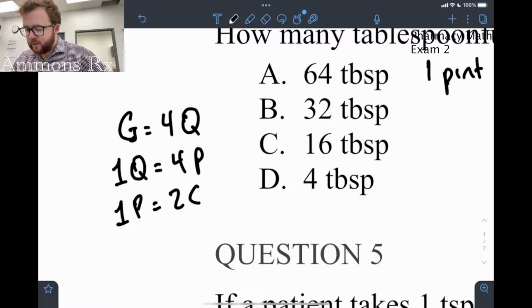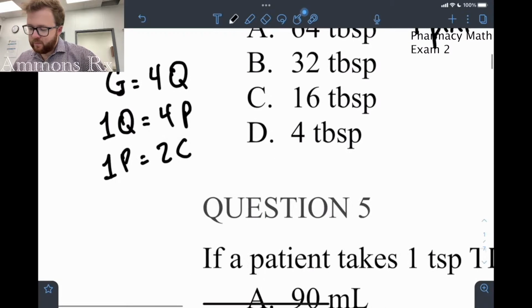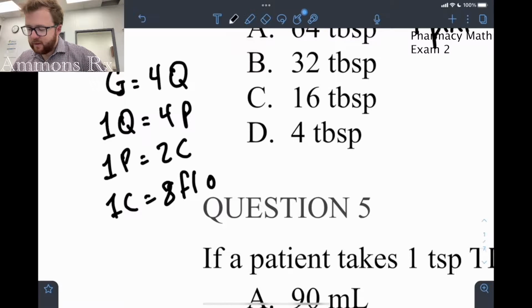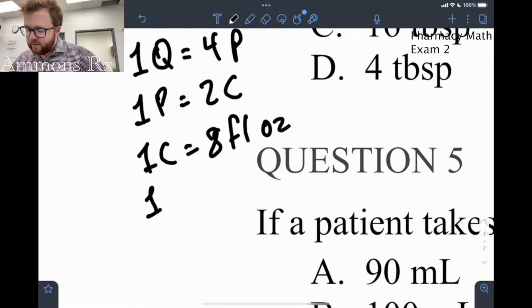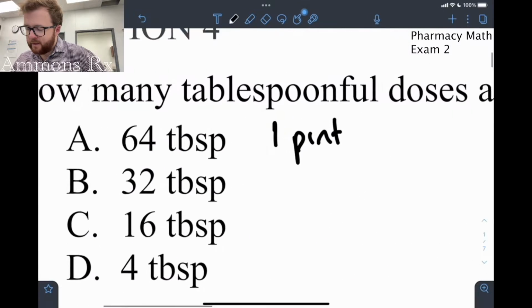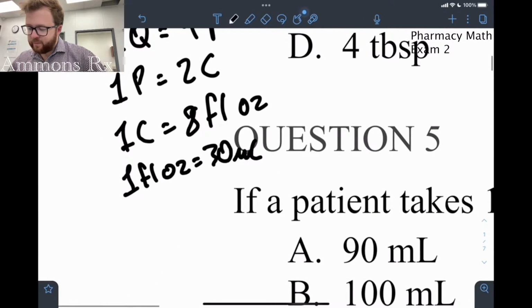It's 2 cups. 1 cup is equal to 8 ounces, and 1 ounce is 30 mils. And then we need to stop at tablespoon.